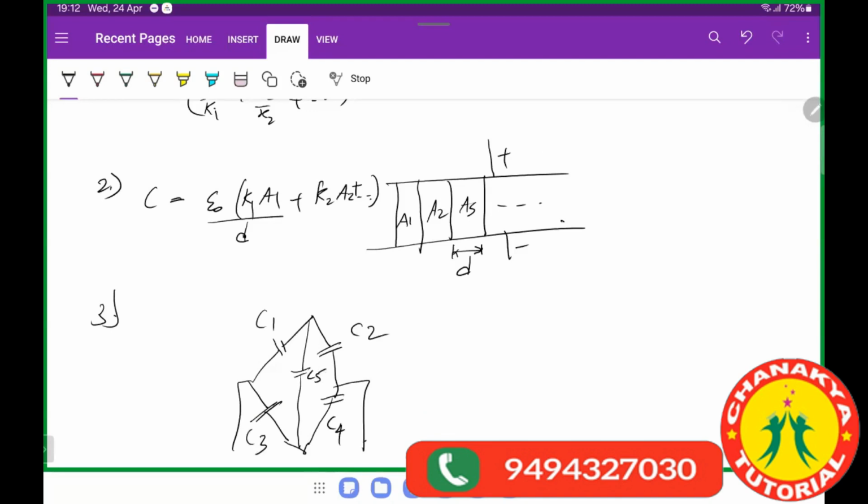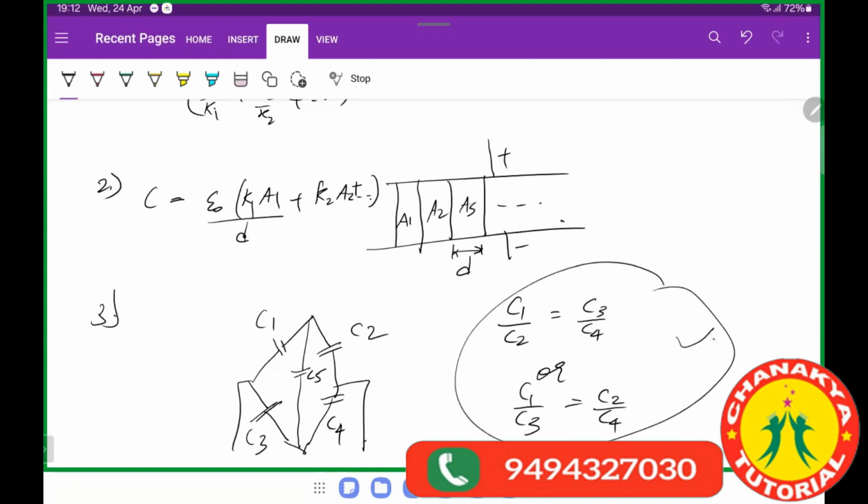These are five capacitors. So C1 by C2 equals C3 by C4, or C1 by C3 equals C2 by C4. If either of these conditions is correct, then only we can say it is a Wheatstone bridge.